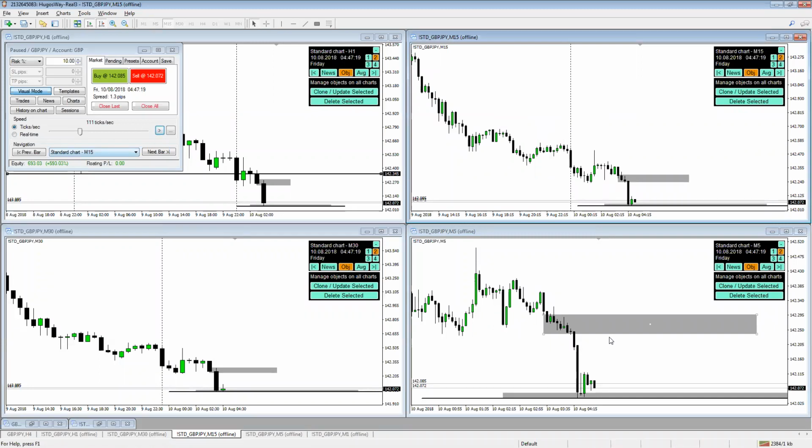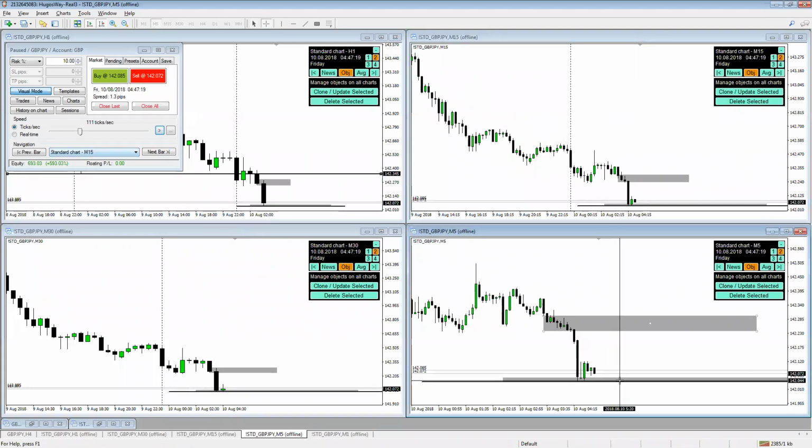Let's see what happens. So I'm waiting. If it breaks here, I'm going to do a retest sell, or if the price goes to this zone, I'm going to take a sell as well.